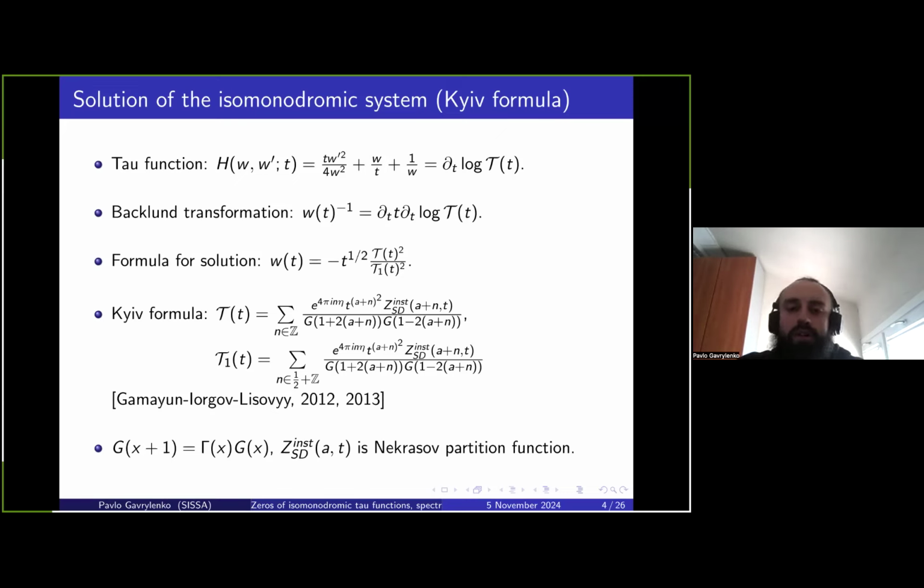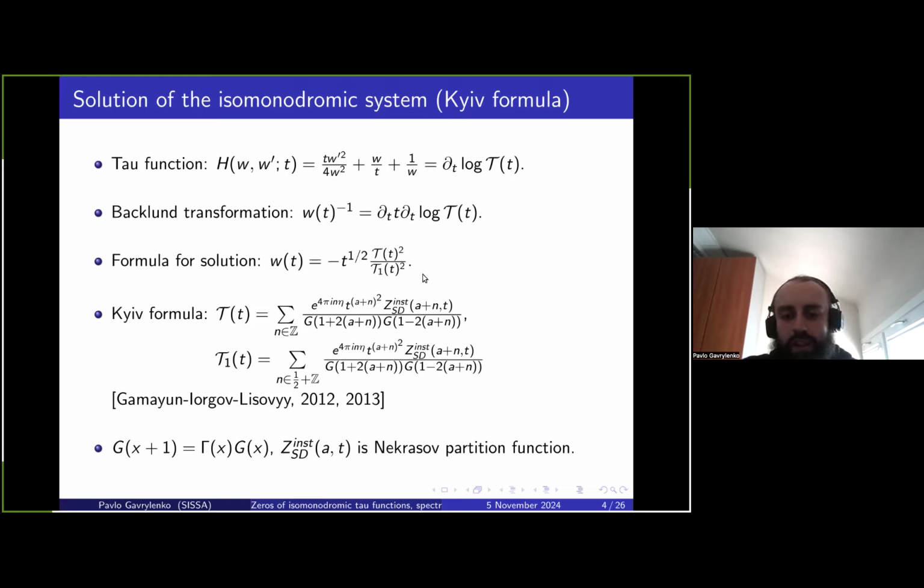And the solution is described as follows. So first, this system has a Hamiltonian. And it is a general property of these isomonodromic problems that the Hamiltonian is a logarithmic derivative of some function related to some multi-valued function, which is called the tau function.